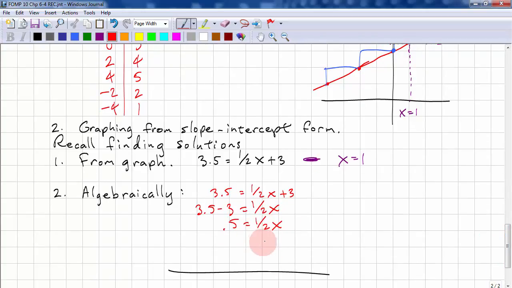We can multiply by the reciprocal. So 2 over 1 times 0.5, and x equals 1. Okay, this is easier to see if we change the 0.5 to 1/2. And we see that the 2's cancel out. And that completes this lesson.